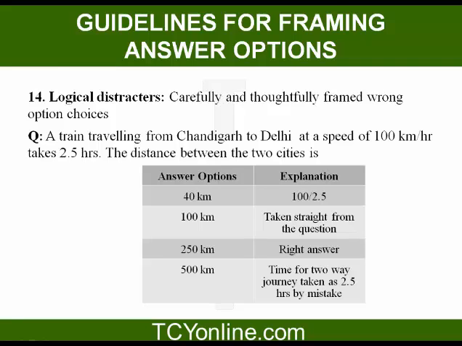Option 1, 40 kilometers: clearly 100 divided by 2.5 is equal to 40. Option 2, 100 kilometers: this is straight away taken from the question stem. Option 3, 250 kilometers: this is the actual and correct answer. Option 4, 500 kilometers: it is arrived at if the test taker took time for two-way journey as 2.5 hours by mistake.